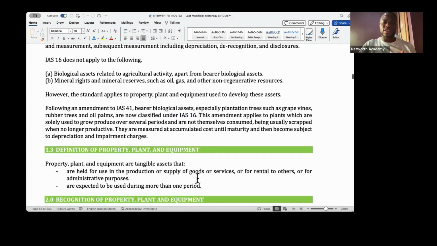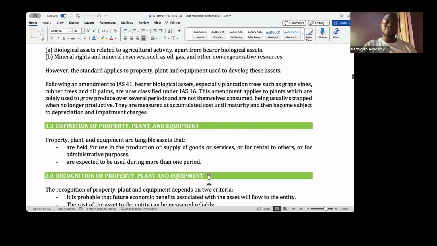Let's look at what we are talking about today, which is property, plant, and equipment. How did IAS 16 define property, plant, and equipment?